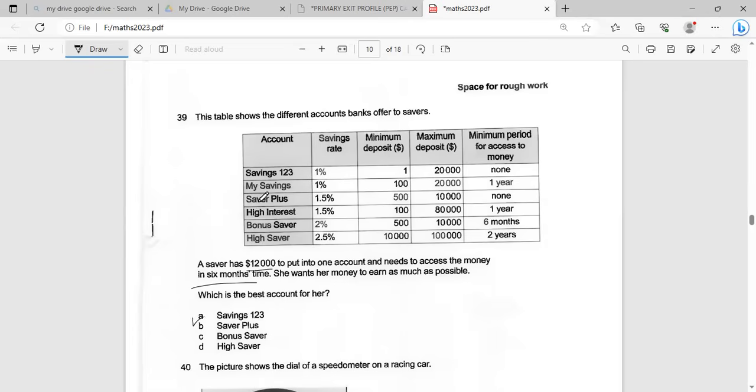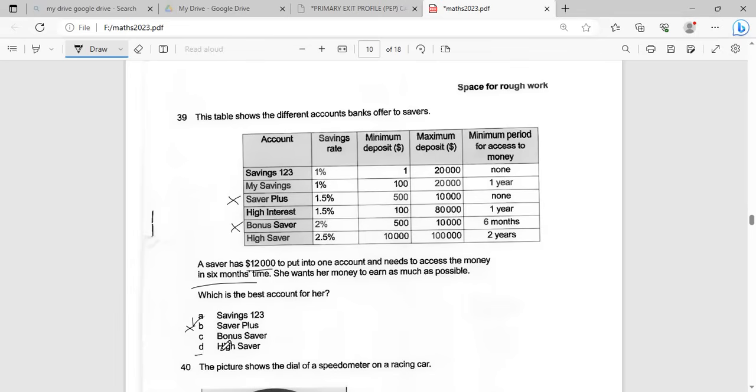Savers Plus, 1.5%, minimum deposit of 500, maximum deposit of 10 grand. Oh, you can't put more than this, maximum at 10. So when you say maximum at 10, at 12 grand we want to invest. Bonus Saver, 2.5%, maximum at 10. Eliminate that too. So it's either A or B.